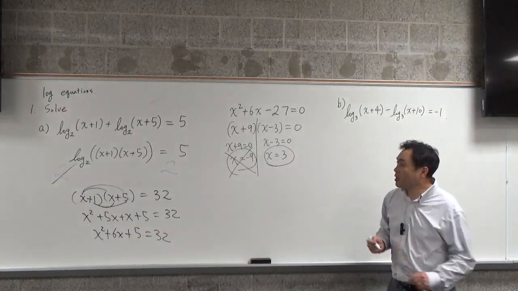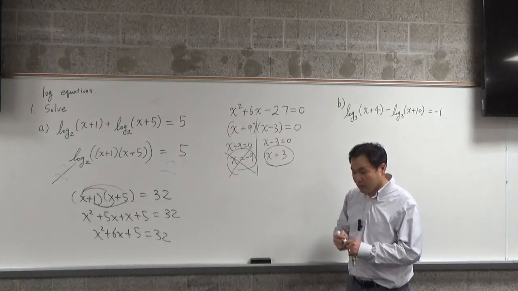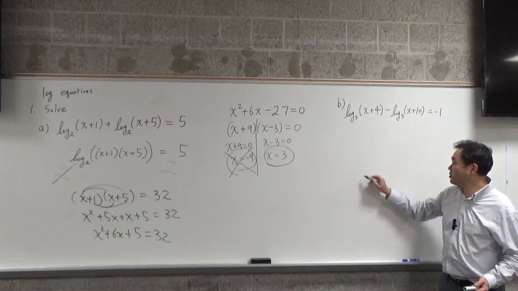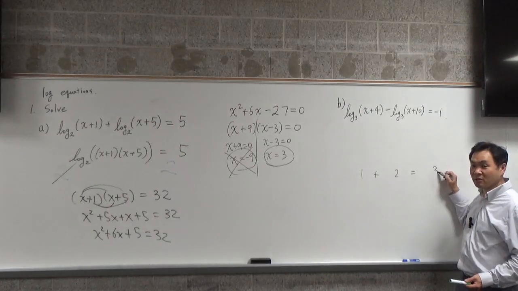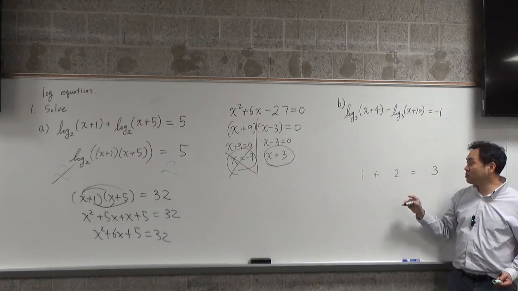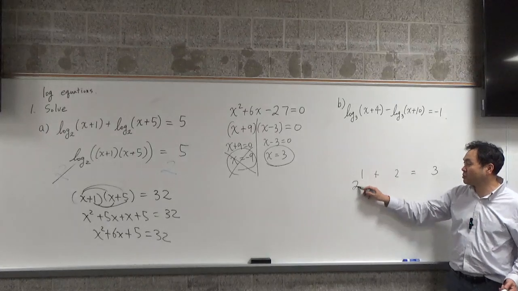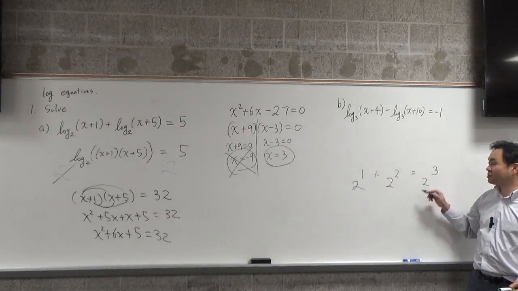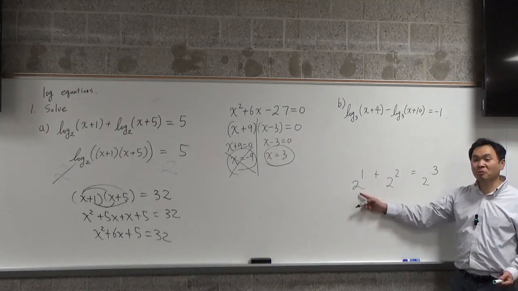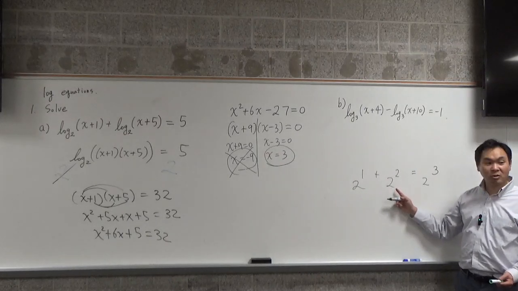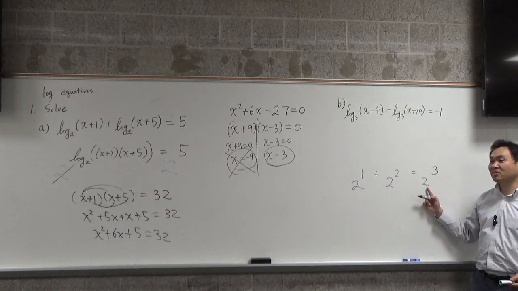Right. So just to make a little bit more point about this, if you have 1 plus 2, you get 3, of course. That's easy. Now, is it true that the equal sign still gets preserved if I put 2 under? Is this right? No, it's not. 2 to the first power is 2. 2 squared is 4. 2 plus 4 is 6. And that's not the same as 8.